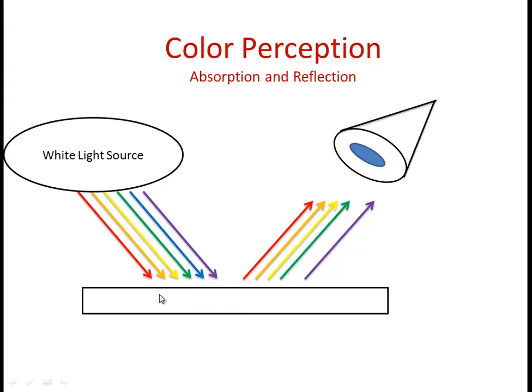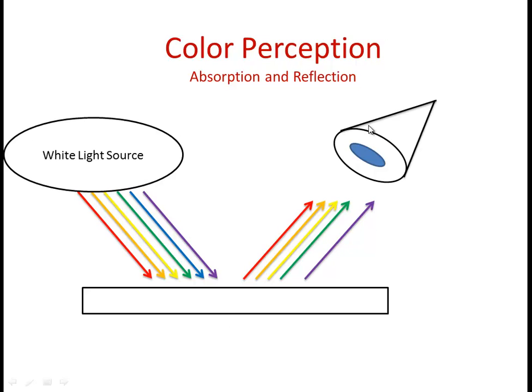Well, there's something about the molecules in this object that absorb blue light. It enables them to absorb wavelengths of electromagnetic radiation that are in the blue portion of the spectrum. And so when that light gets reflected off of that object, the blue wavelengths are missing. They didn't make it out of the object.